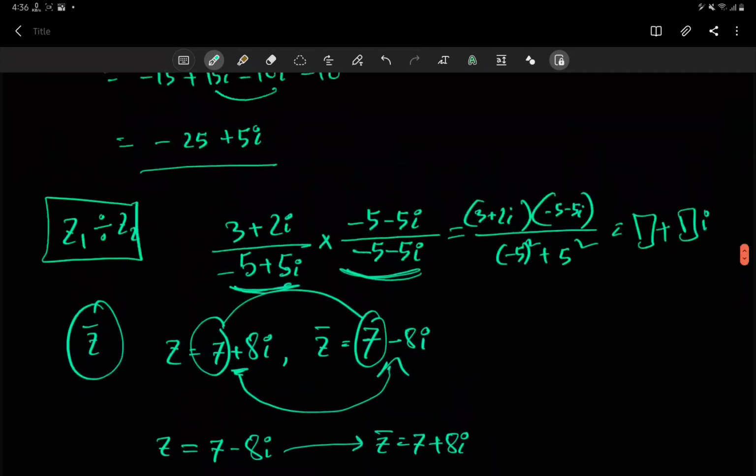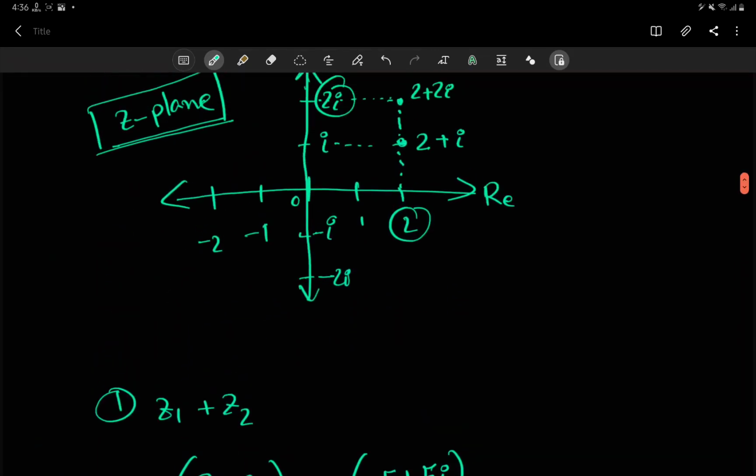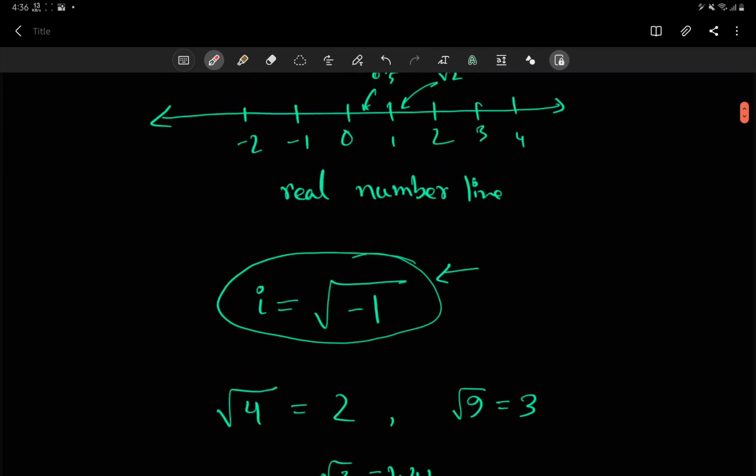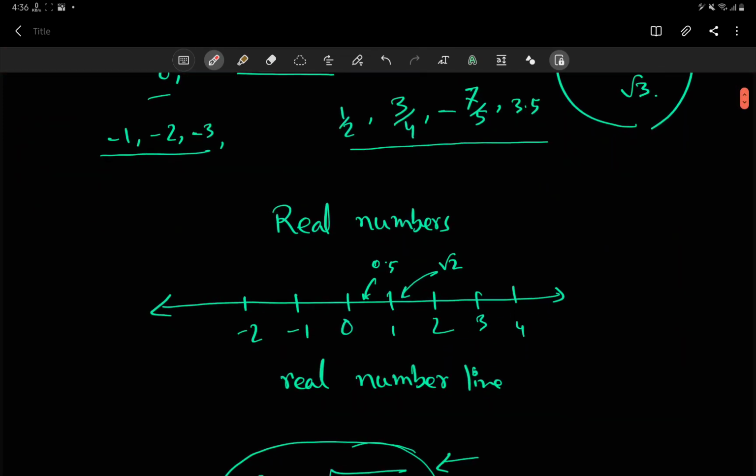So in real numbers, we use modulus of a positive number, just the positive value. Modulus of a negative number is the positive value as well, right? So if it's -3, we have 3. So you can interpret that as the distance from 0 in real numbers.